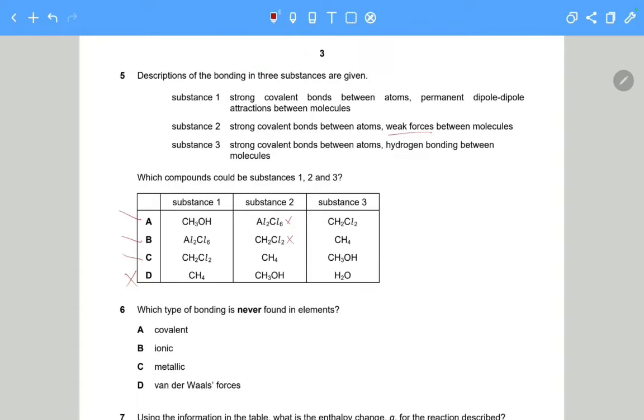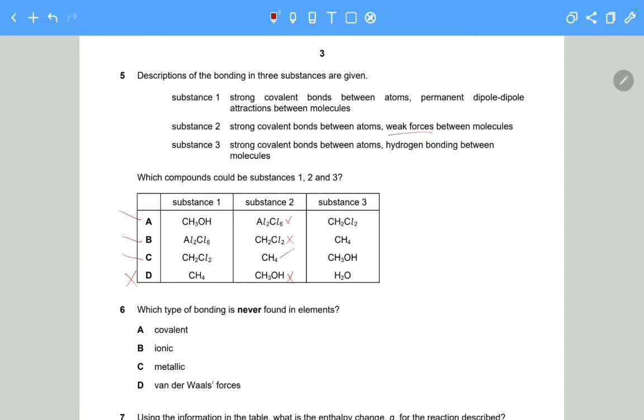CH4, weak forces because temporary dipole, induced dipole, which is probably the weakest type of force. So yes, C is a likely answer. CH3OH, again permanent dipole-dipole, so not weak, and therefore we've ruled it out. In fact, CH3OH will also have hydrogen bonds, which means that this can definitely not be the answer.